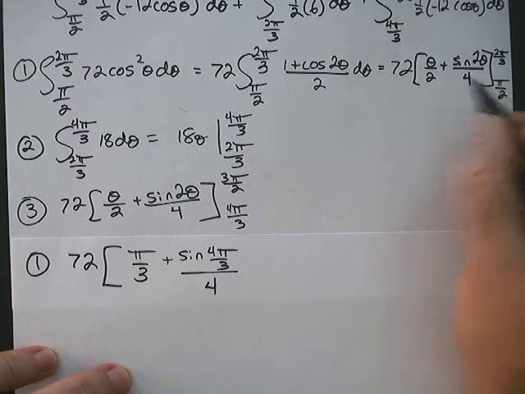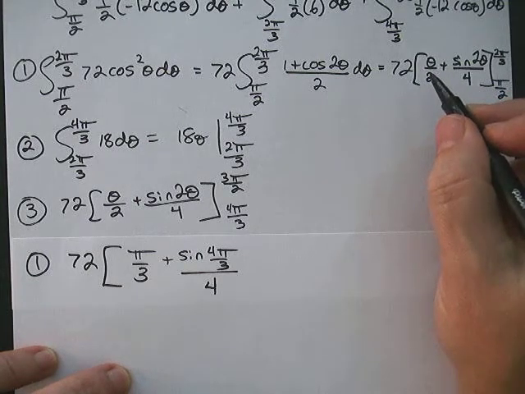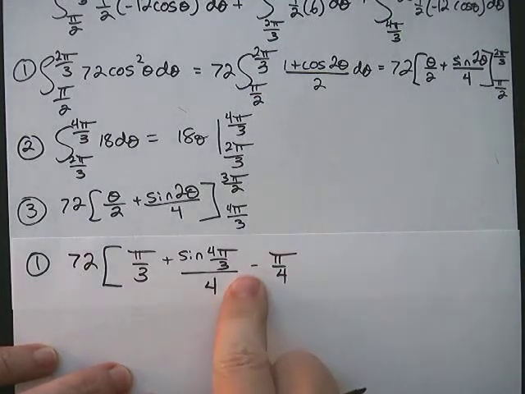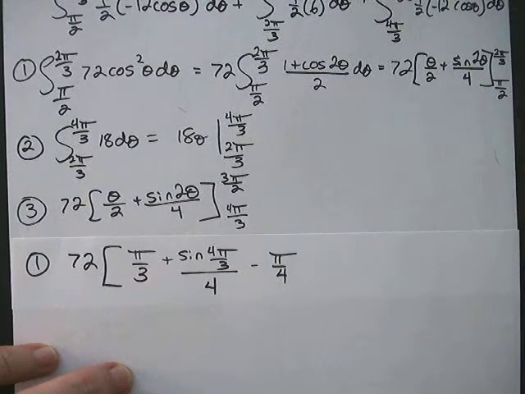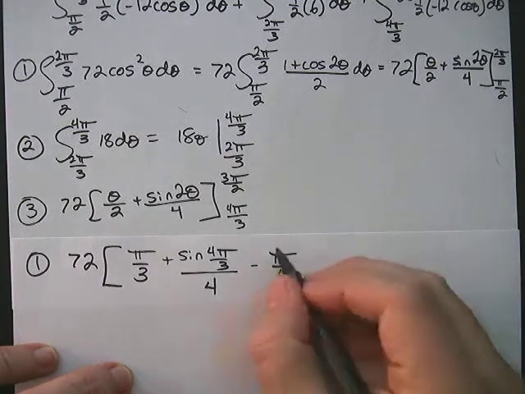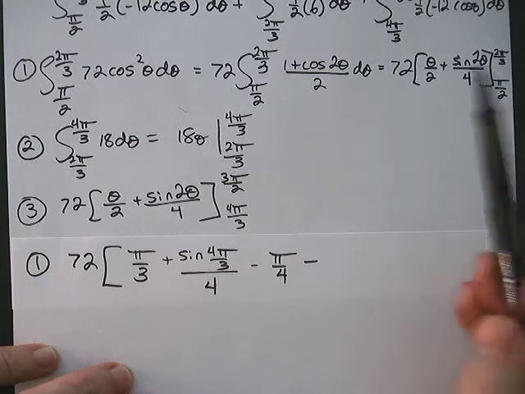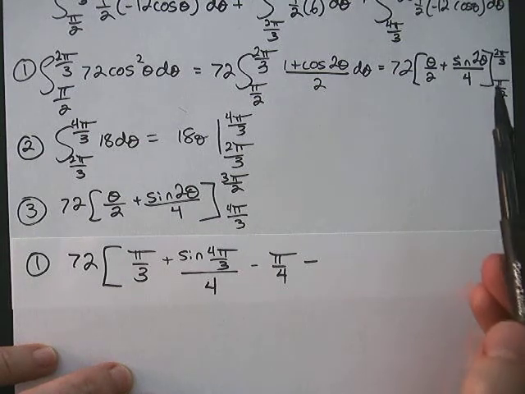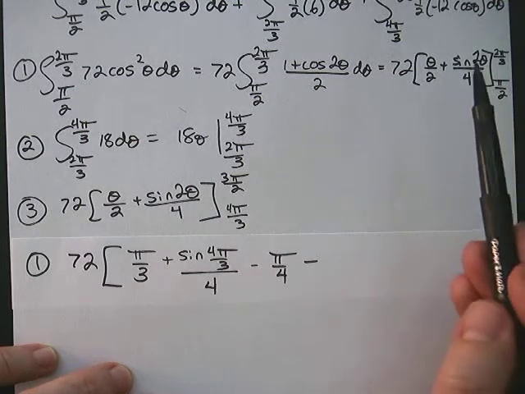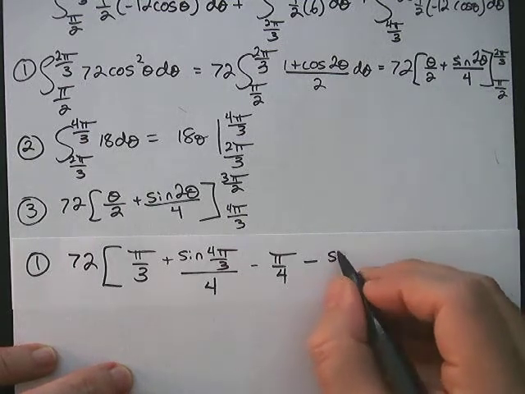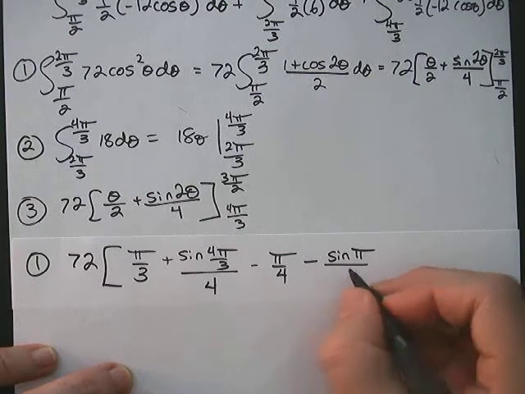And let's see, pi over 2 goes in here, and it's also divided by 2, so that'll be pi over 4, so minus pi over 4. I'm subtracting because I'm plugging in my lower integration here, so you always subtract. I could put a parentheses, but instead I'm just going to put a minus on both of these parts here. Okay, so I'll also put a minus in front of here. And let's see, 2 theta, we plug in a pi over 2, that's just sine of pi over 4.